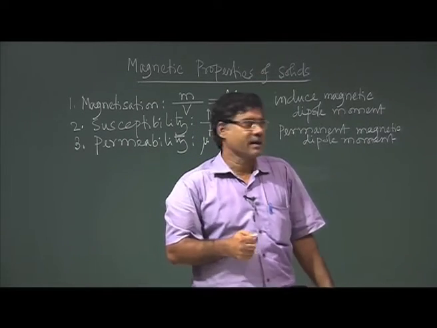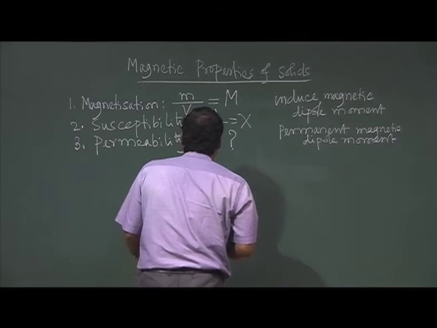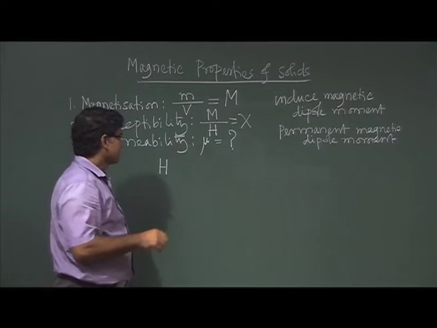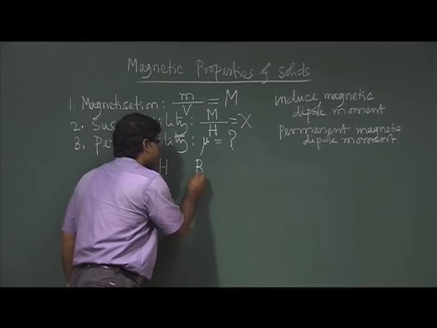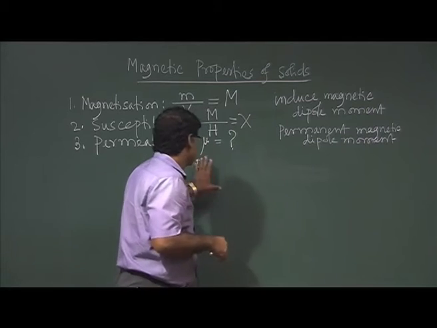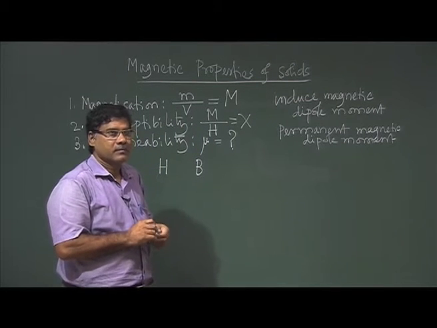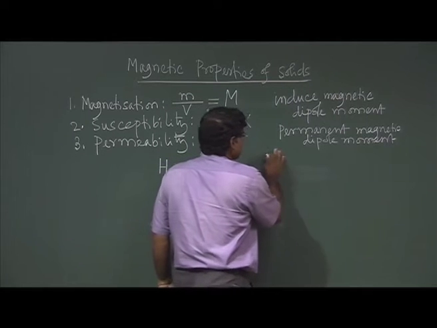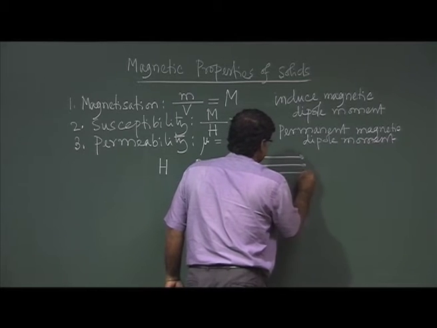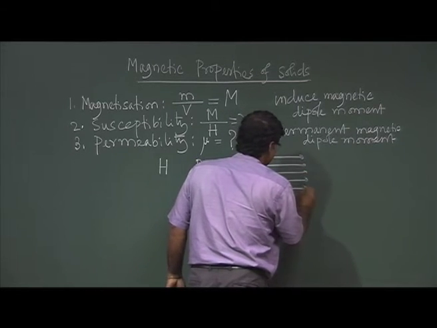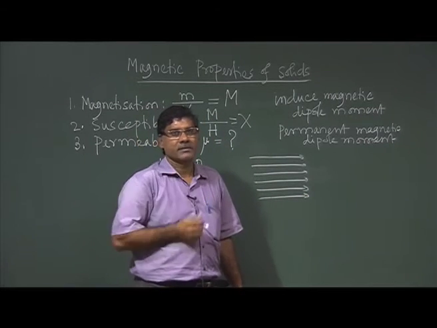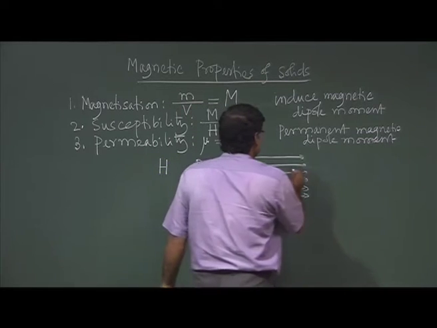To explain that, I need to tell about the difference between the magnetic field H and the magnetic induction B. Okay. So, both are fields. So, what is magnetic field? Basically, we express this magnetic field in terms of lines of force, magnetic lines of force, okay, per unit area.